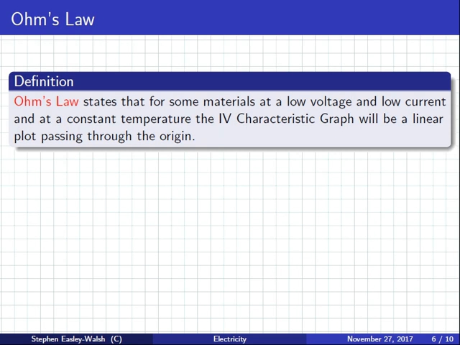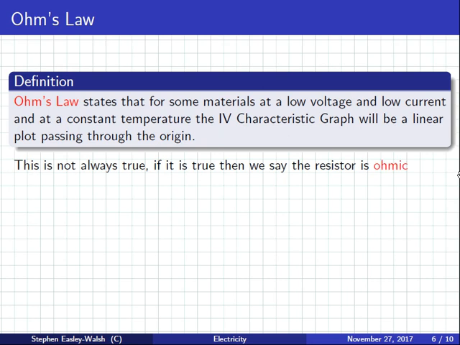Continuing. So, as I said, this is kind of a fake law, fake news. It's not always true. If it is true, then we say the resistor is ohmic. And if it's not true, then we say it's not ohmic. When you think about it, that's not really a law, because a law should always be true.